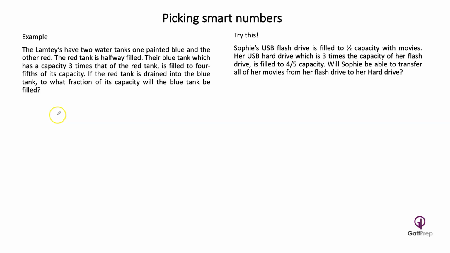Now let's look at this example right here. It says that the Lamtes have 2 water tanks, one painted blue and the other red. The red tank is halfway filled. The blue tank, which has a capacity 3 times that of the red tank, is filled to 4/5 of its capacity. If the red tank is drained into the blue tank, to what fraction of its capacity will the blue tank be filled?